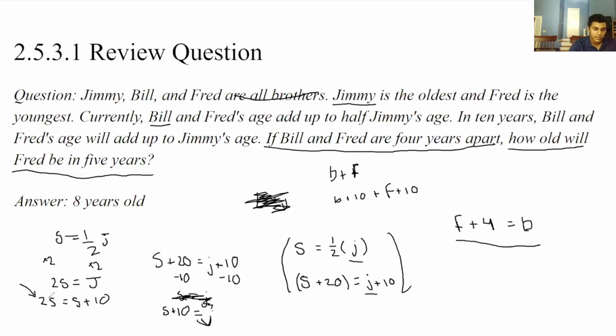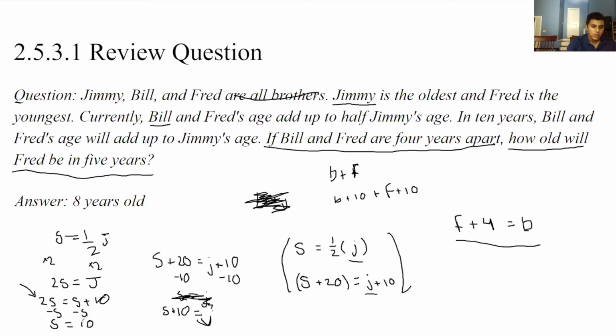I just need to get rid of this S, but I can also do that by subtracting S. So if I subtract S from both sides of the equation, because remember, I need to get rid of S on this side of the equation also, not just have it on its own on this side. And if I subtract S, it actually solves the problem for me. Now I just have S equals 10.